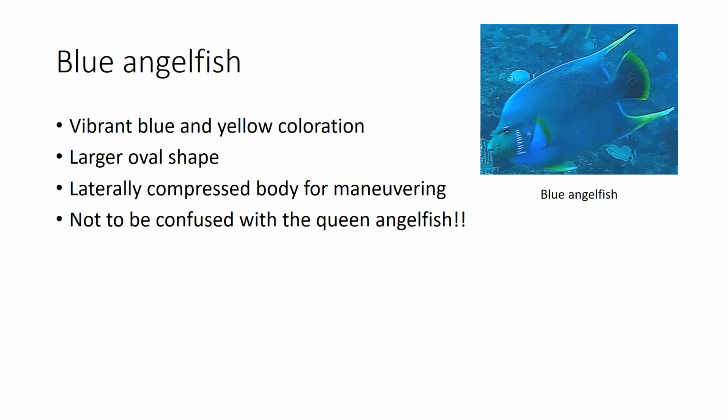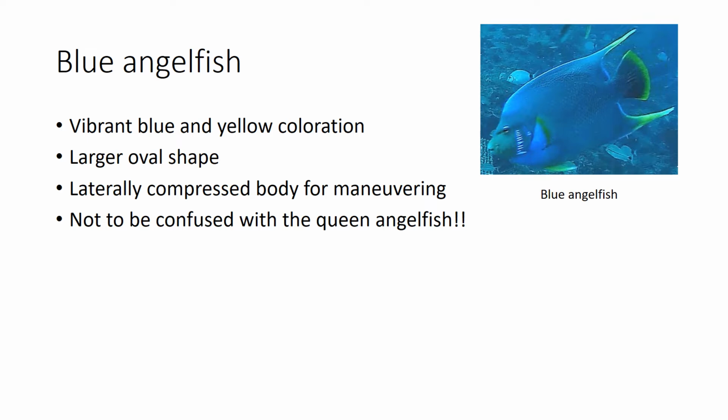I'm sure you guys are familiar with this next fish, the blue angelfish. It is characteristic because of its vibrant blue and yellow coloration. It also has a larger body size than a spot-tailed pinfish and a Spanish hogfish, but it is still medium in size.